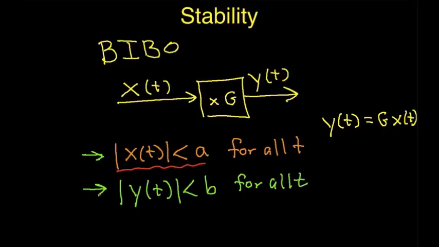And the question is, is this a bounded input, bounded output stable system? Okay, well, we have to check that if the absolute value of x of t is less than a, then will the absolute value of y of t be less than b?